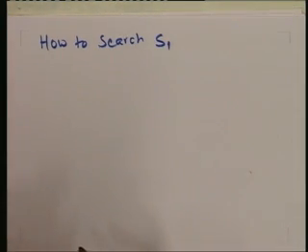Okay, so let me remind you what S1 is. S1 consists of all subsequences which start with A1. Okay. So, when we are looking for something, it is usually a good idea to write down explicitly what it is that we are looking for.